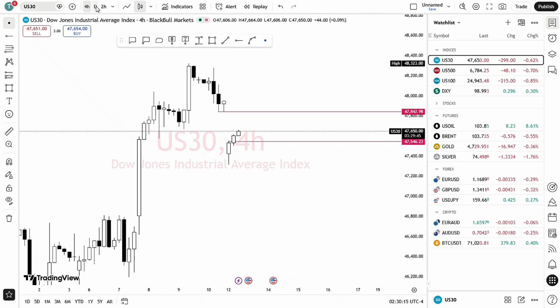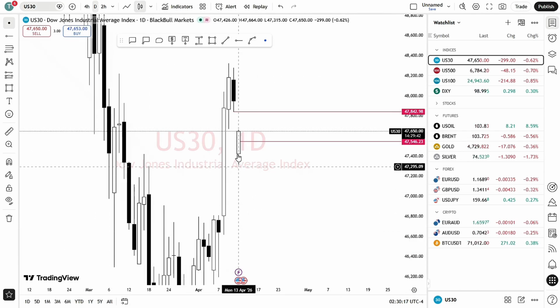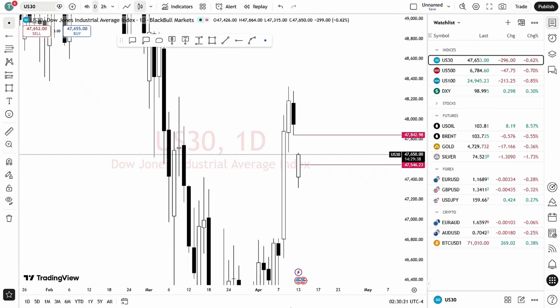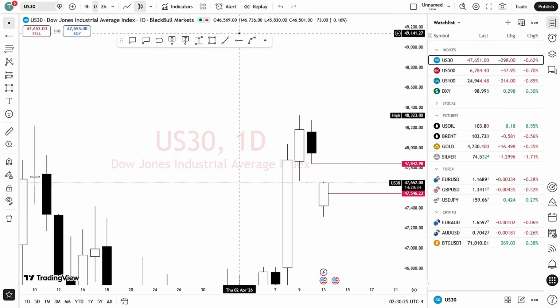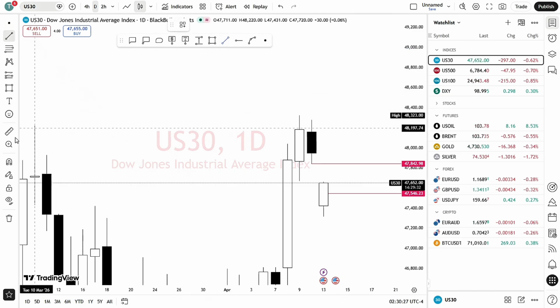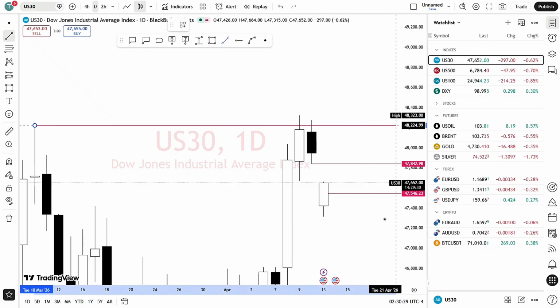Sometimes it tends to fill it up, right? But then again, I'm not saying that you're going to just buy in to fill up the void. You have to work with market structure, right? As you can see here, we had a huge sweep.